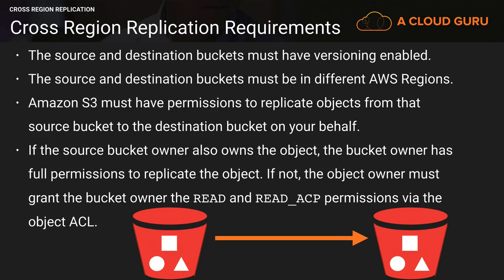Now, in terms of the requirements for cross-region replication, you probably remember this from the associate course, but the source and destination buckets must always have versioning turned on. The source and destination buckets must be in different AWS regions. It is called cross-region replication for a reason. And Amazon S3 must have permission to replicate objects from that source bucket to the destination bucket on your behalf.